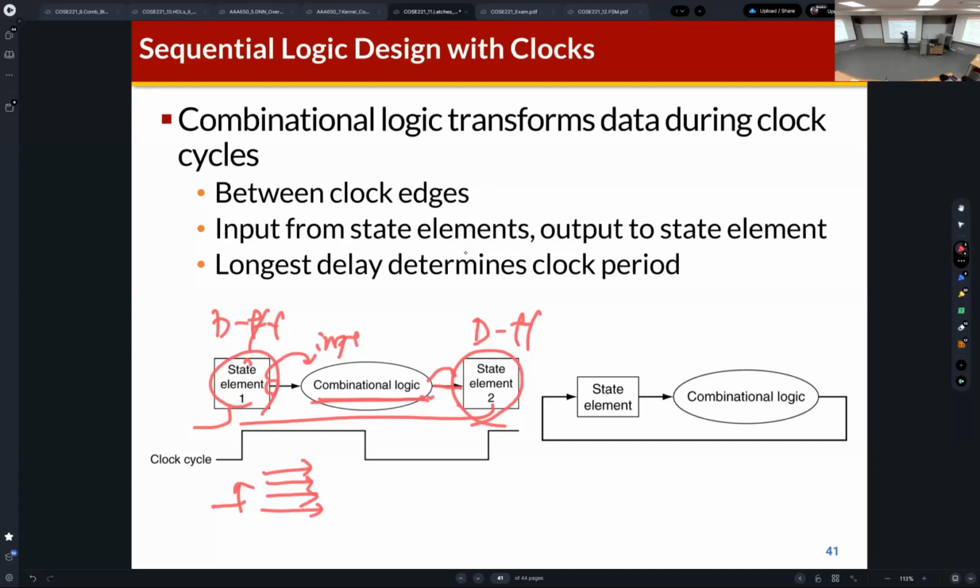So using this model, at the rising edge of the clock, all input signals to this combinational logic are synchronized and maintained, so we can generate stable input to the combinational logic.